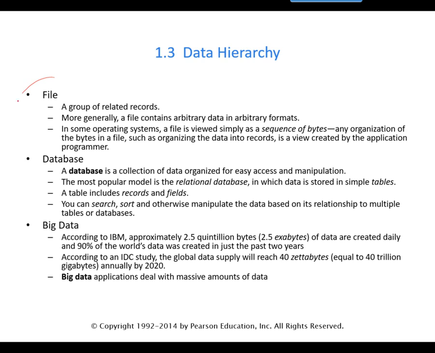A file is a group of records. We've already mentioned the fact that we would have a file of all the employees kept in a file. A database is a collection of data. It can be multiple files that are related to each other somehow. So for example, there may be a file of employees that work for different supervisors.